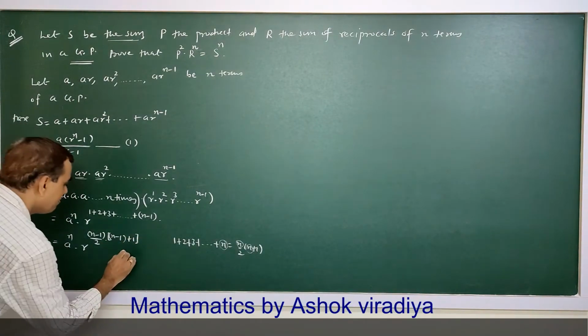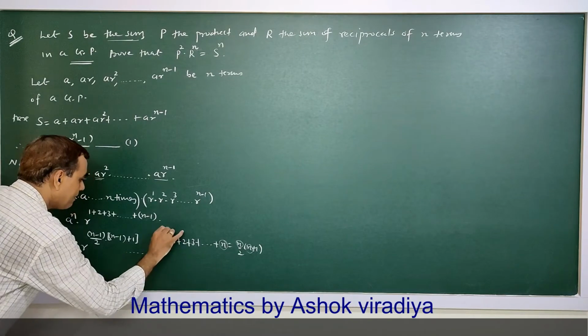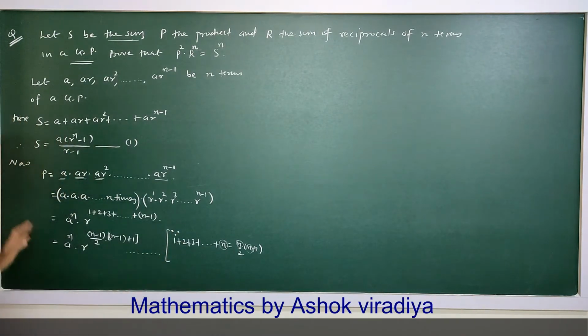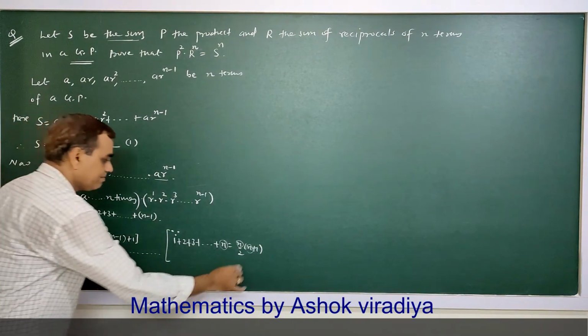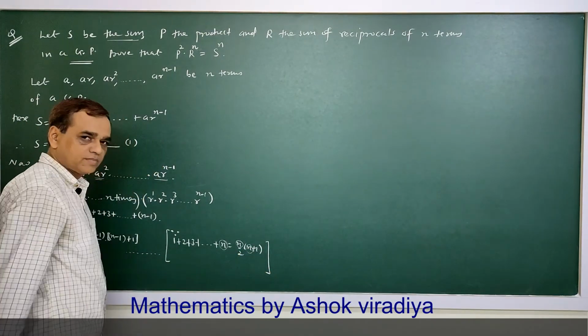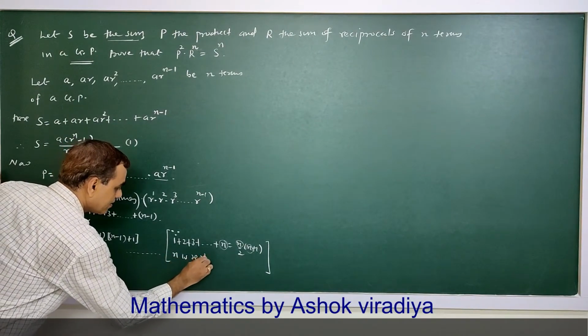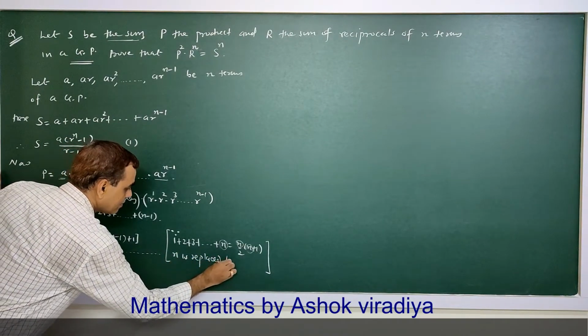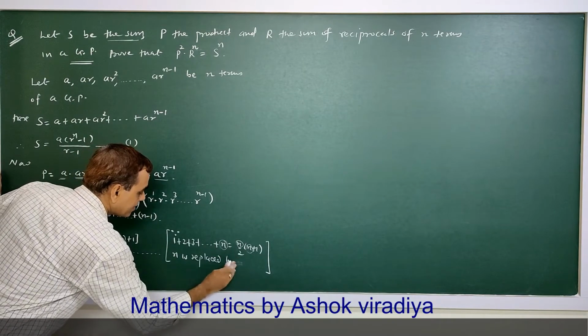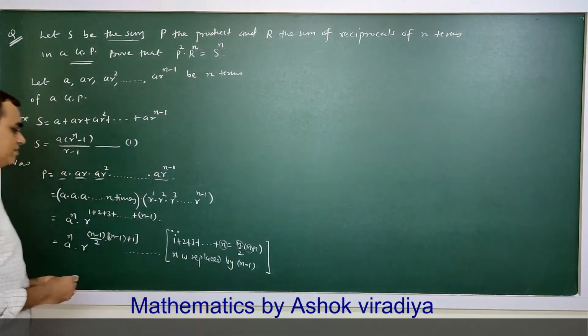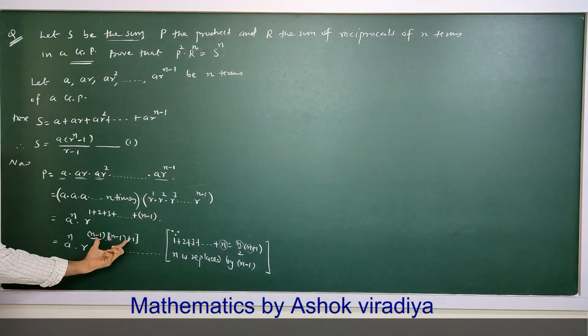So the reason for this step is explained here. N is replaced by n minus 1 to calculate this term.